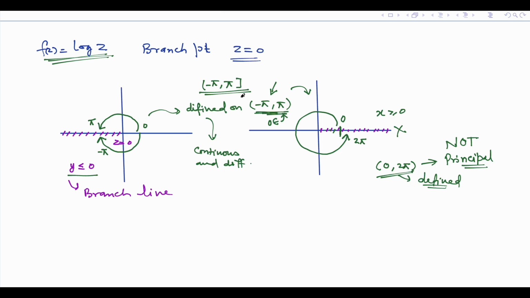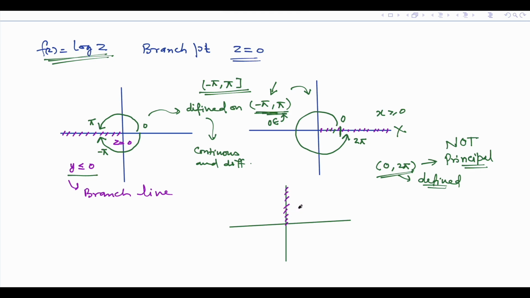It is no longer a principal branch, but it will be one of the branches which lies between 0 to 2π to deal with the function. Suppose you want to take your branch along the negative axis, or you can say the imaginary axis.